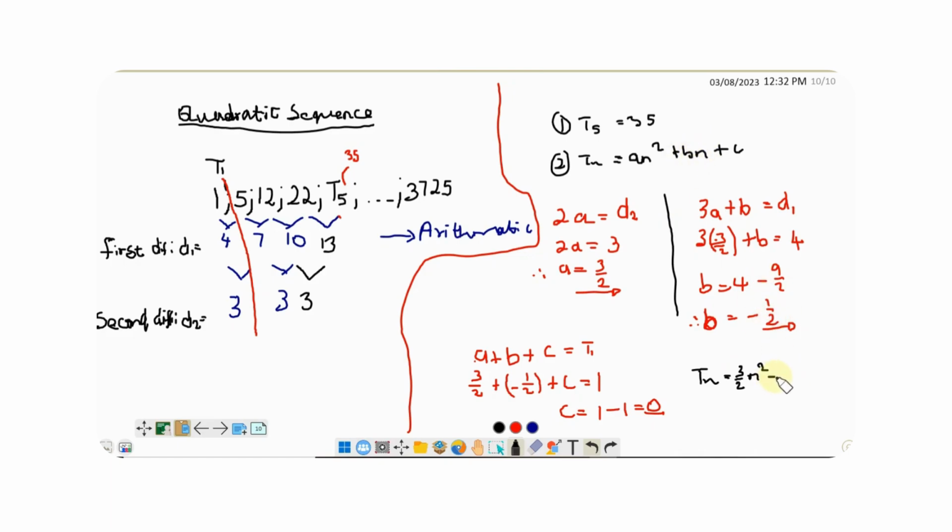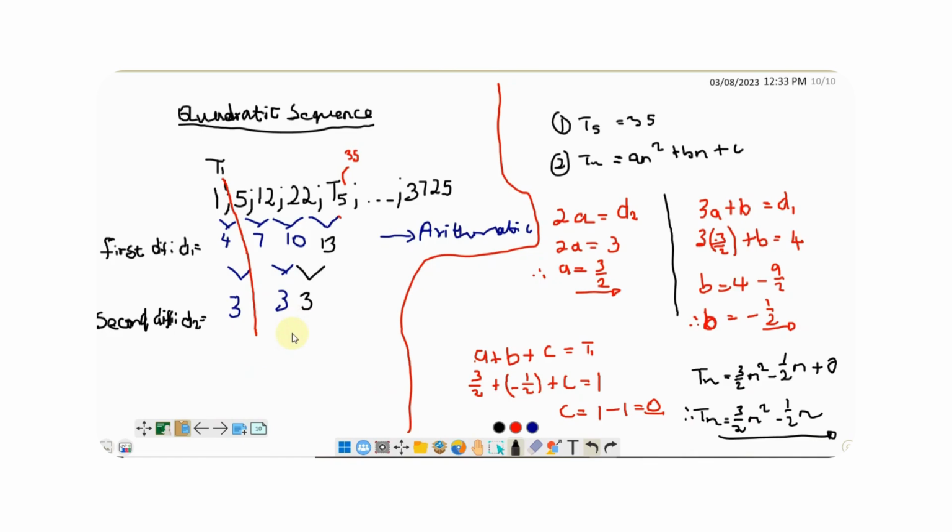Negative half, minus 1 over 2, multiplied by n, plus C. What is the value of C? C is 0. So if C is 0, I'm going to write it without C. Therefore, this becomes Tn equals 3 over 2 n squared minus 1 over 2 n. And this is the general formula for that.